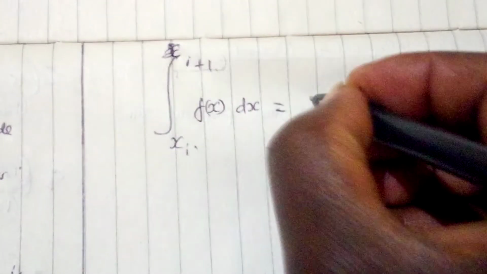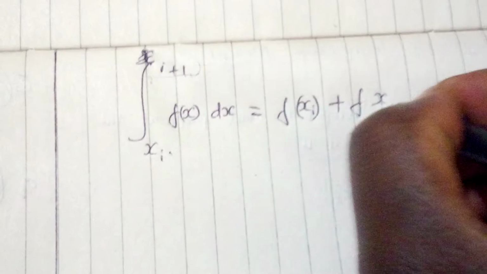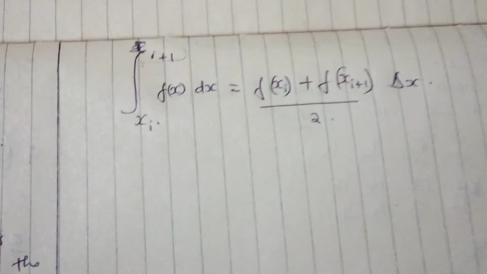So the average height will be (f(x_i) + f(x_{i+1})) divided by 2, times the change in x. So that's how we find our change in x.